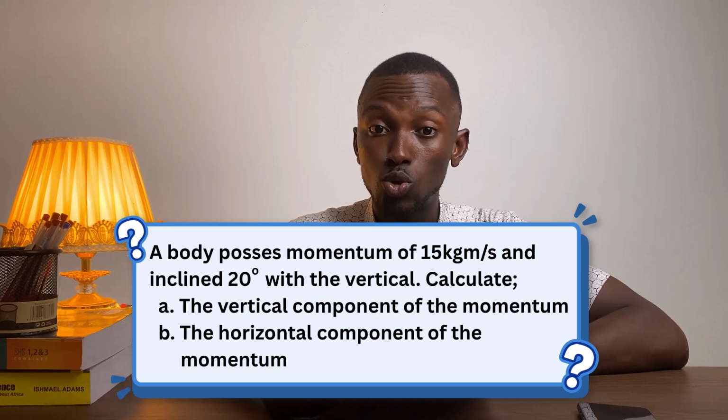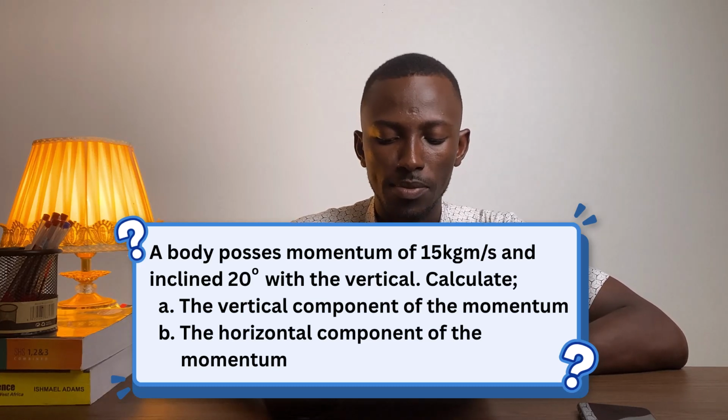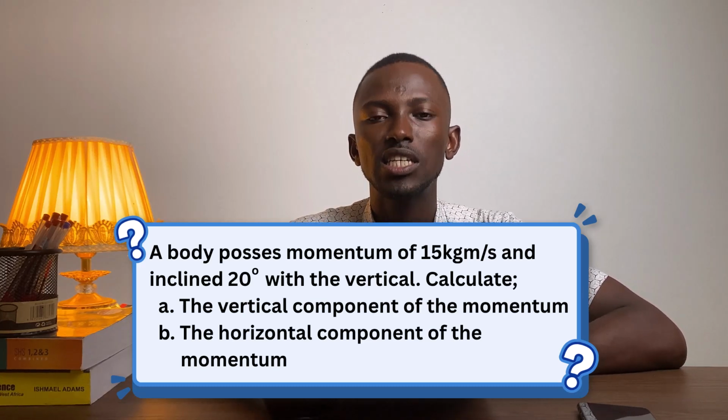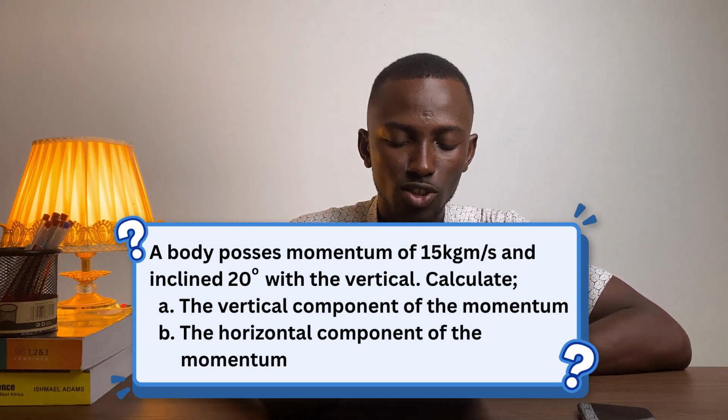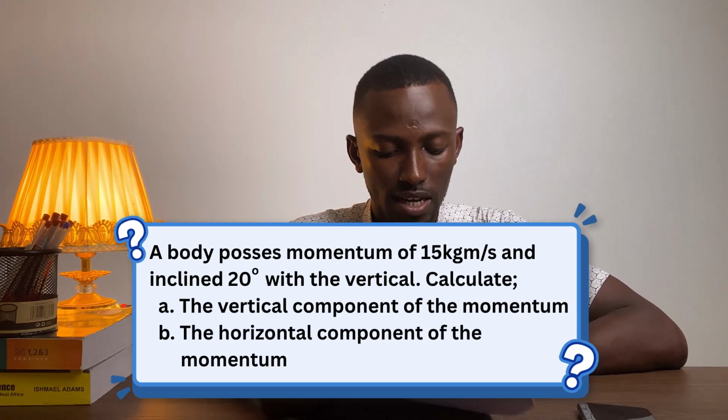So let's pick an example. Maybe that will make sense to you. Here's a question. A body possesses momentum of 15 kilogram meter per second, inclined at 20 degrees with the vertical.